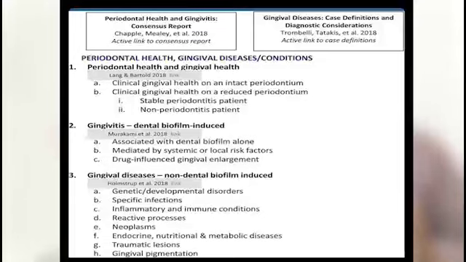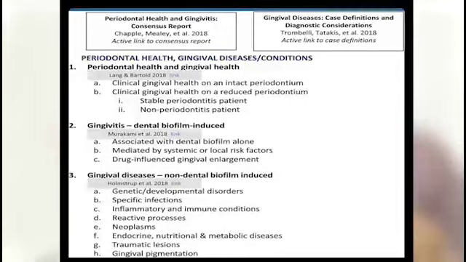A, associated with dental biofilm alone, where the biofilm has induced the gingivitis. B, mediated by systemic or local risk factors such as diabetes, smoking, or other systemic diseases.